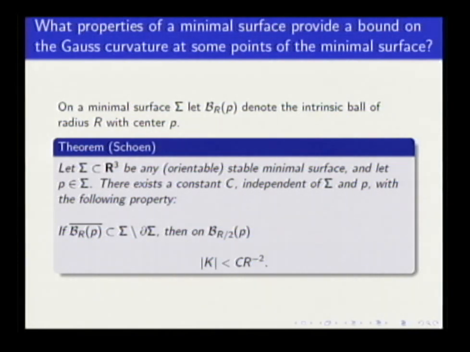Take a point on it, and then there's a universal constant C independent of the surface and the point, such that if that ball doesn't touch the boundary, it lies entirely inside the surface, then on the ball of half the size, you have a bound on the curvature. The bound is a constant C times R to the minus 2.